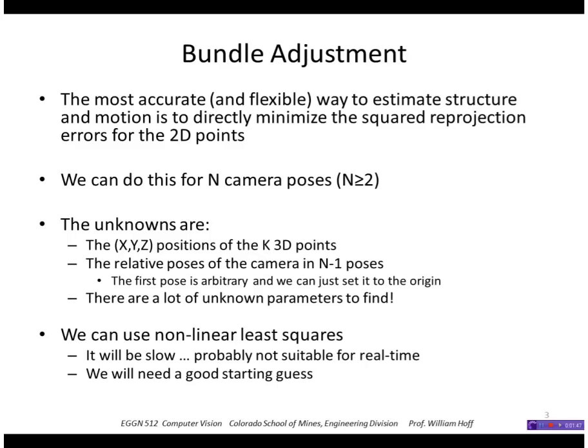So we'll use nonlinear least squares. This, of course, is slow. Probably not suitable for real time, although you can do it as a background process, or you could do it as an offline batch type process. With this many variables, we'll also need a good starting guess for the unknowns.